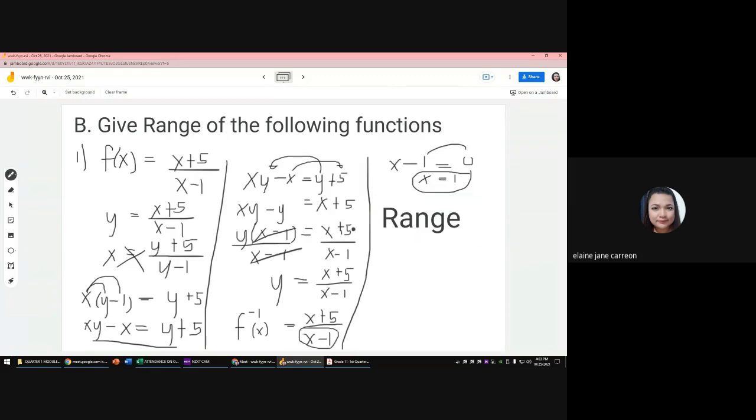So, for all values of y, sorry, for all values of y, element of real numbers, since the range is in terms of y, such that y is not equal to positive 1. So that is the answer. That is the range of f of x is equal to x plus 5 over x minus 1. Next.